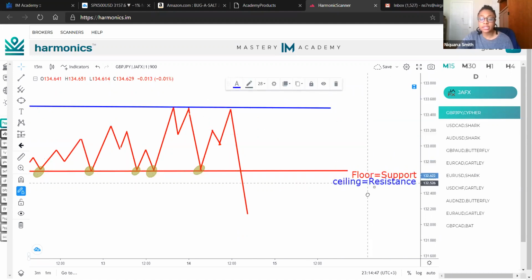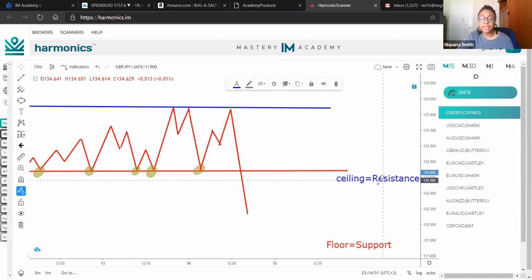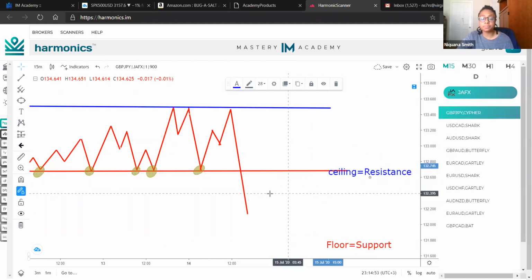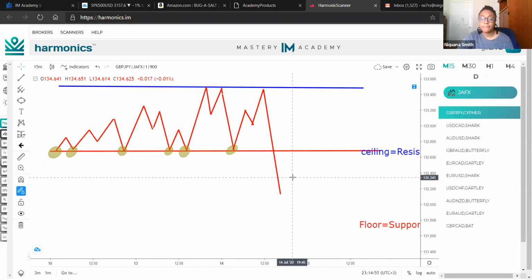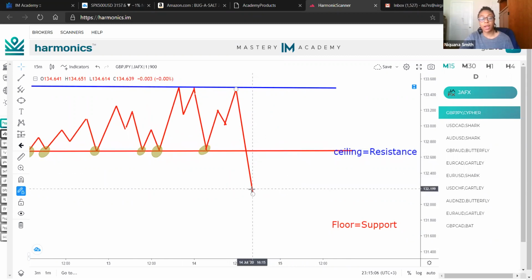It is actually now a resistance because price is below it. When price is below a form of something that price is deciding to bounce off of, it becomes a resistance. When price is above it, it is a support. So this is called a new resistance.